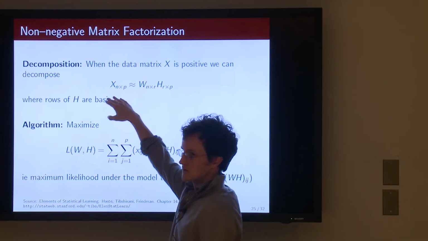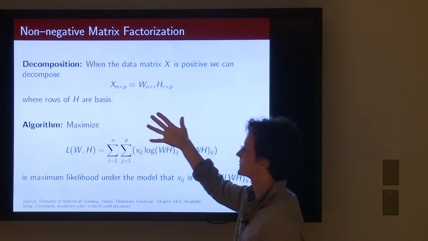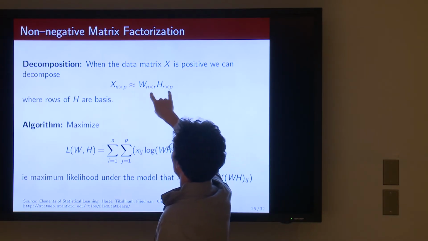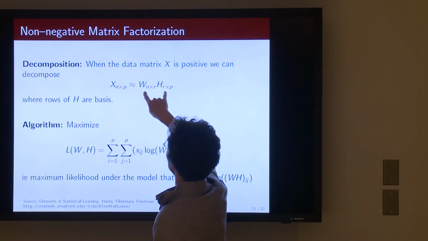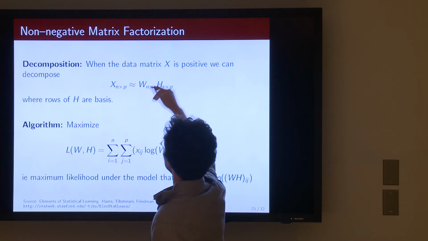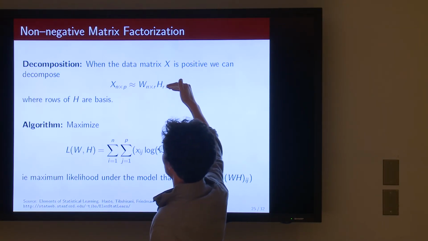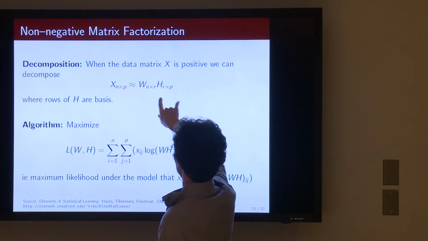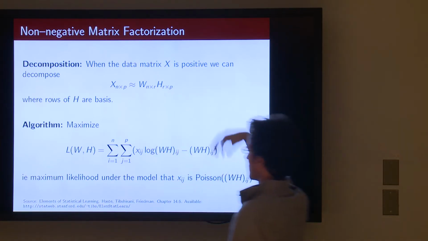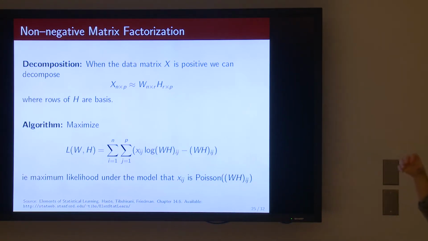X is positive because these are the spectra, and then we enforce that W and H be positive. The rows of H are going to be the new bases. Before running this algorithm, we would choose R, the dimension that we're going to project the data into.